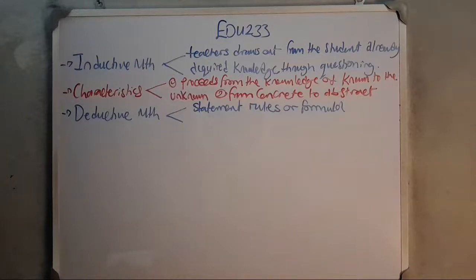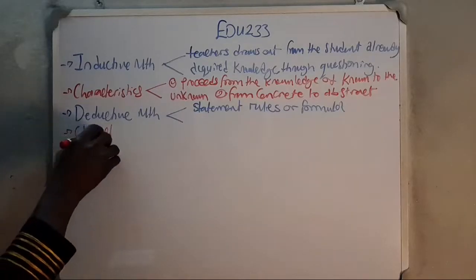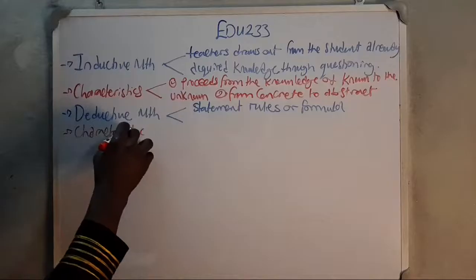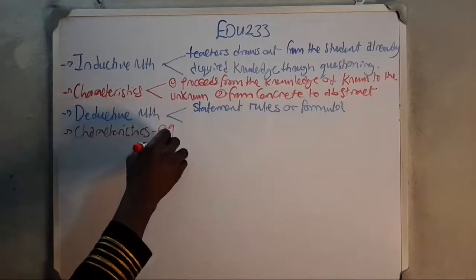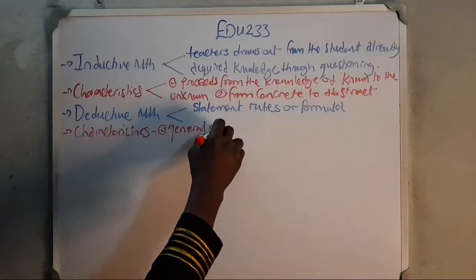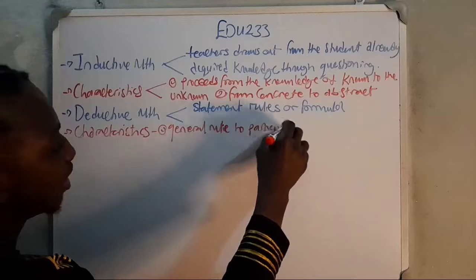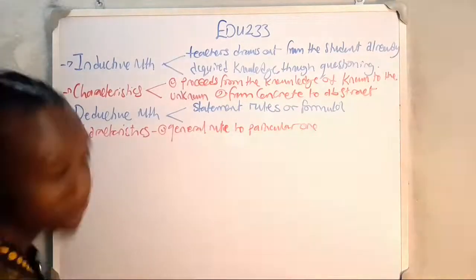And the characteristics of this is that it starts from the general rule and proceeds to a particular one. So characteristics: from general rule to particular one.